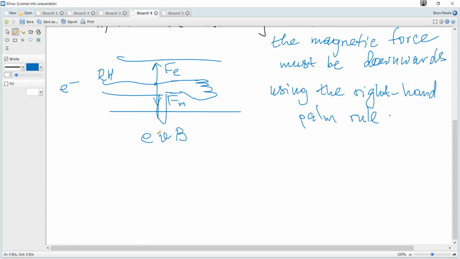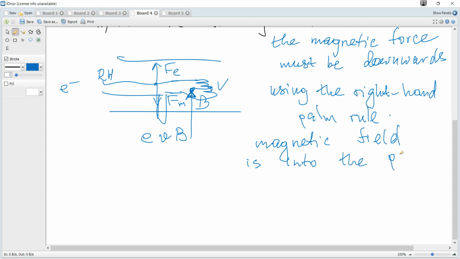And it appears, if it's a right hand, so B enters the palm, so the palm is here, so B, or magnetic field, is into the page. So the magnetic field is into the page.